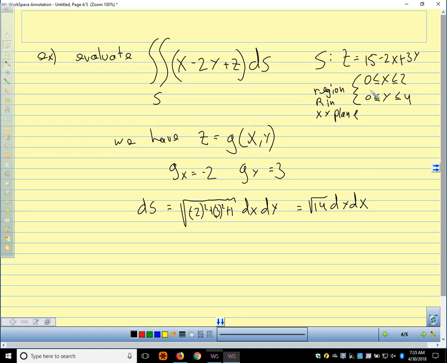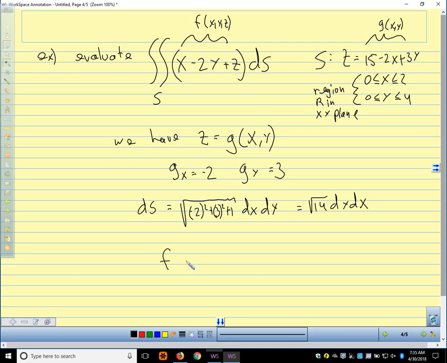And our function, now we have to represent our function. I'm going to call this g of x, y, and this is going to be f of x, y, z. We need to find what our function is on the surface. On the surface, z is 15 minus 2x plus 3y.